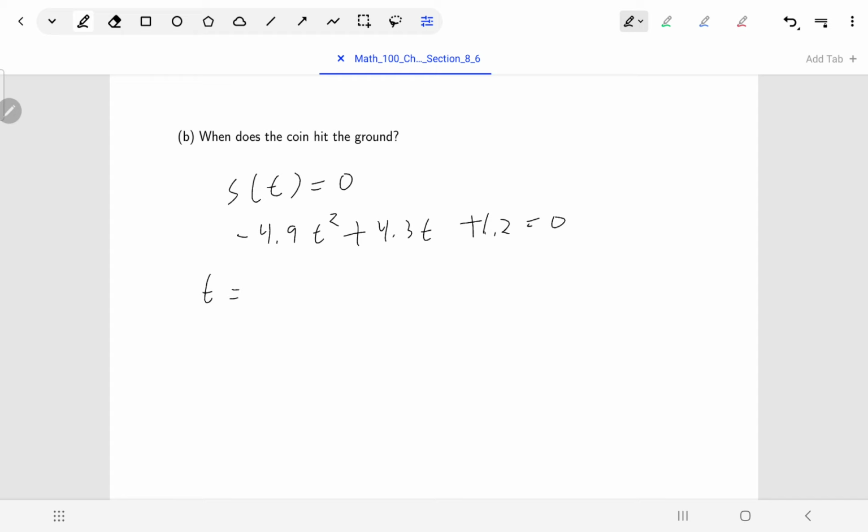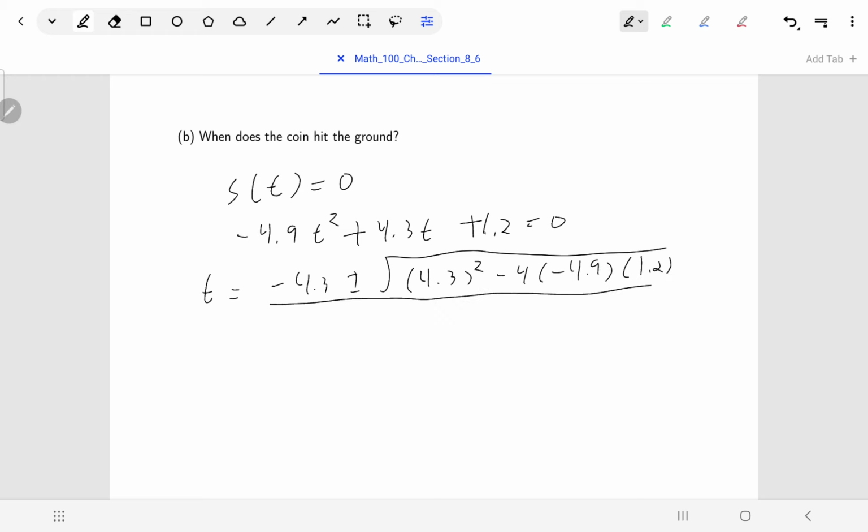I'm just going to use the quadratic formula. So negative 4.3 plus or minus the root of 4.3 squared minus 4 times negative 4.9 times 1.2, all over 2 times negative 4.9.